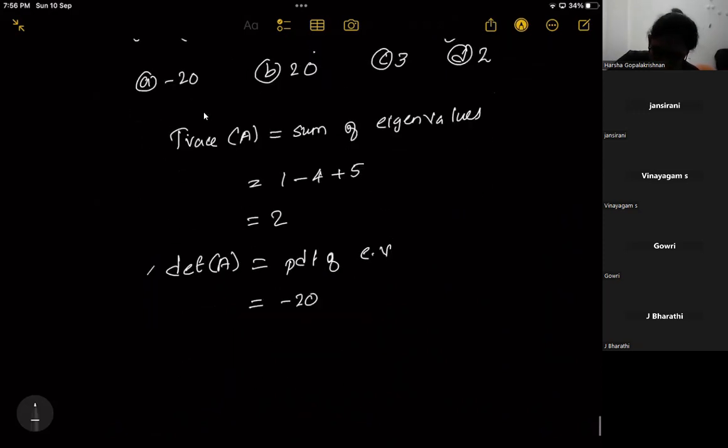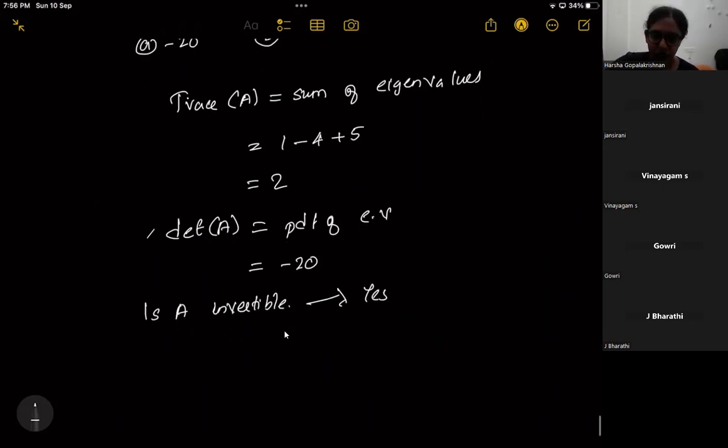Now let me ask one question: is A invertible? Yes, obviously it is invertible. The determinant is non-zero. So 0 is not an eigenvalue, and obviously it will be invertible.